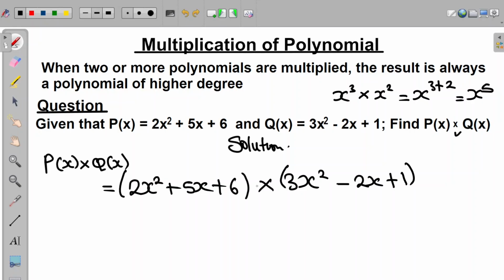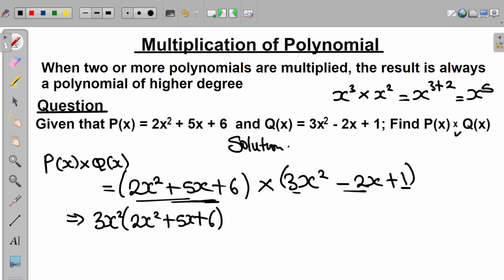Now, for us to carry out the multiplication, we multiply the first term here by this expression, and also multiply the second term in this bracket by this expression, and then multiply the third term in this bracket by this expression. So this now becomes 3x² multiplied by (2x² + 5x + 6), close the bracket.